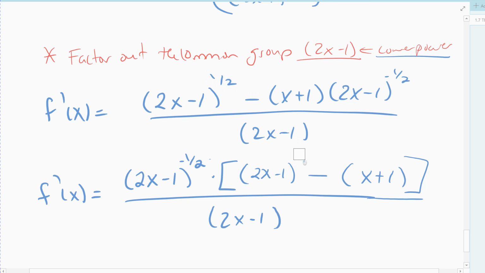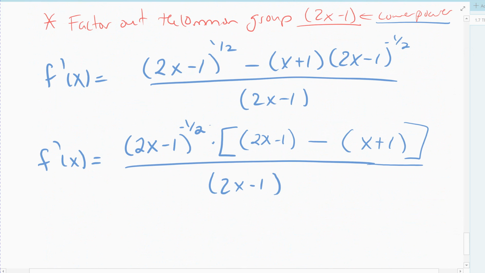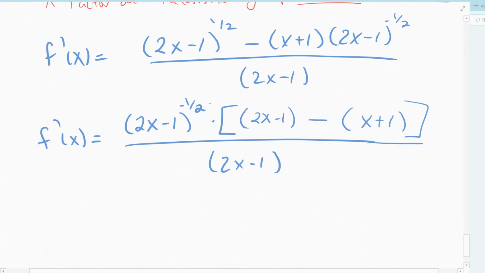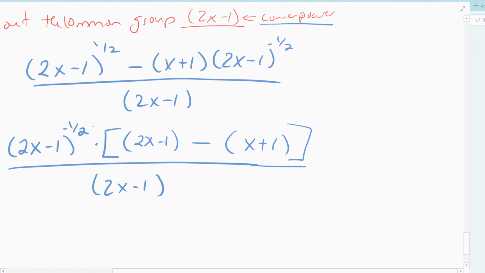And so when we pull that out, that's what we're left with. And the rule of thumb is we should always be left with one group of whatever it is I took the chain rule on. And I am. I've got one of those groups in this first term. In the second term, I'm left with the numerator, right? The high function, which was x plus 1. Right? And there's the factor step. Right? That's the tough step.